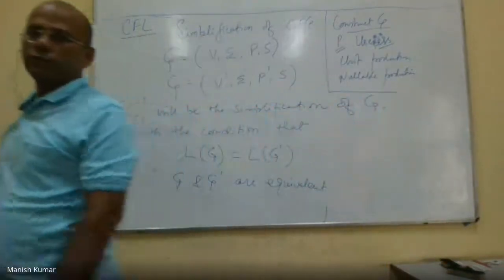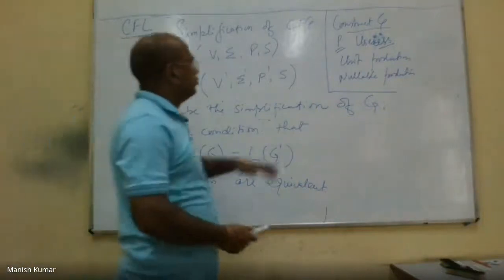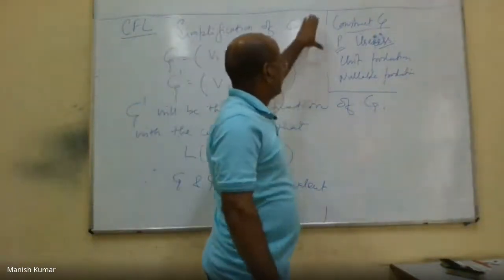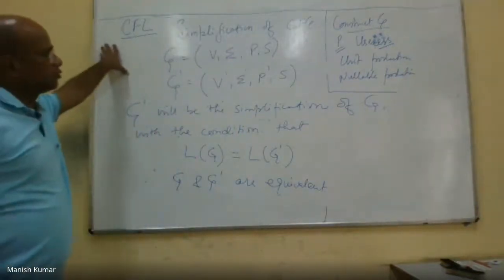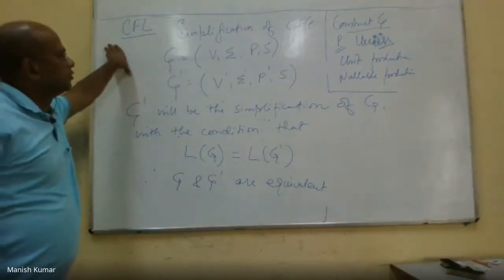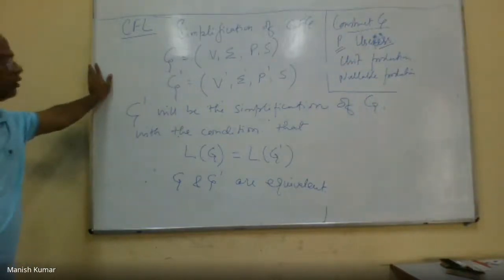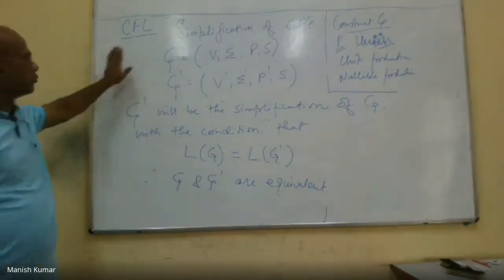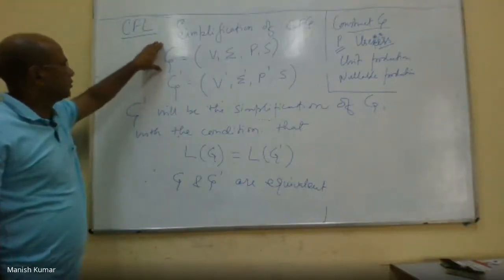Symbols could be terminal, could be non-terminal as well. So in view of simplifying all these, we want to simplify the production rules for unit productions, for nullable productions, and then obviously we are also looking for simplifying the useless symbols within this production set.